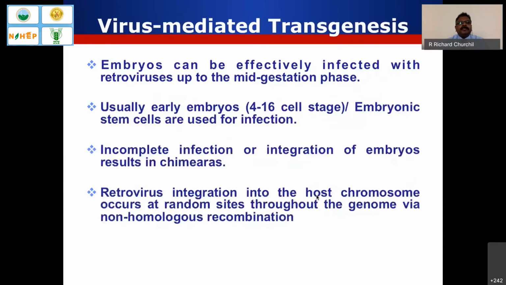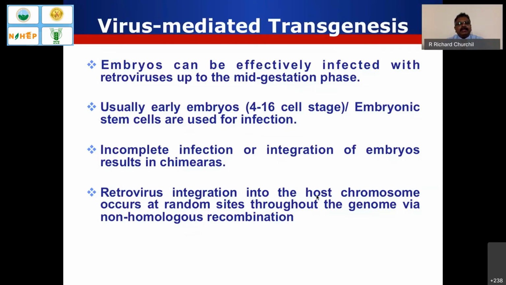And the other problem with virus-mediated gene transfer is the infection. It is dangerous to the handling person or researcher also. It can cause tumors in the researcher also. So to avoid this, replication-deficient virus can be used. There are two types of virus used: one is replication competent and the other replication deficient.